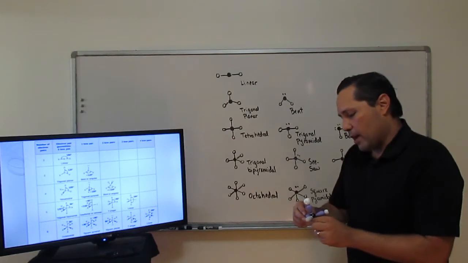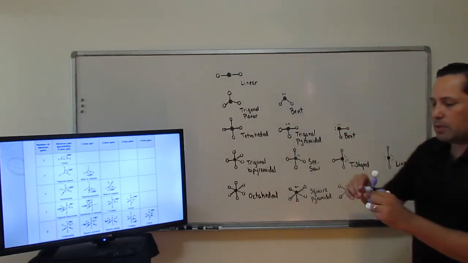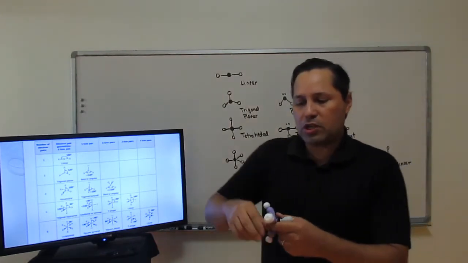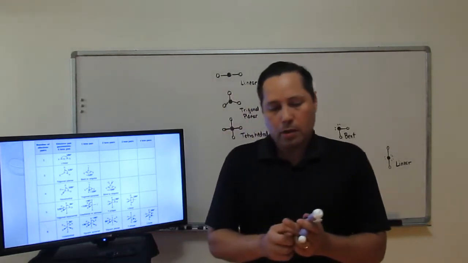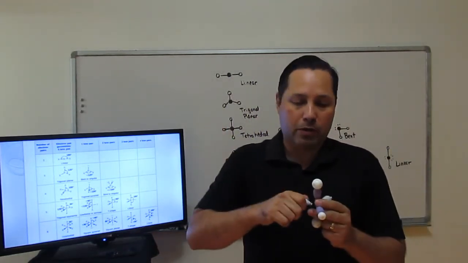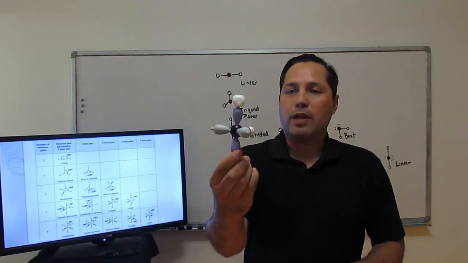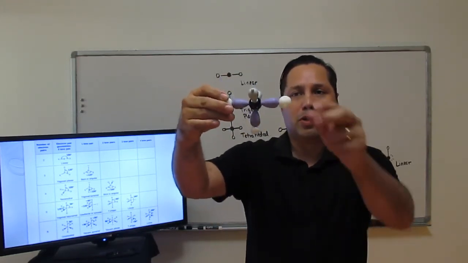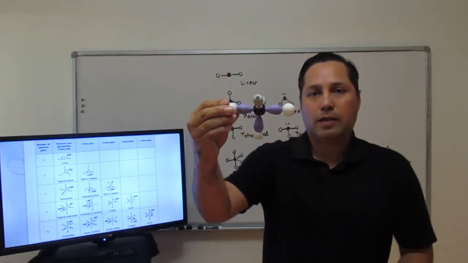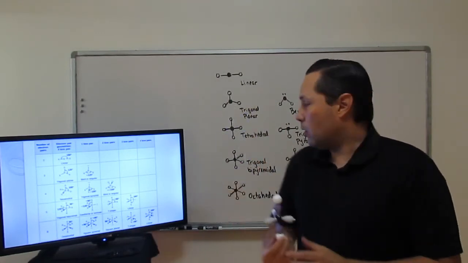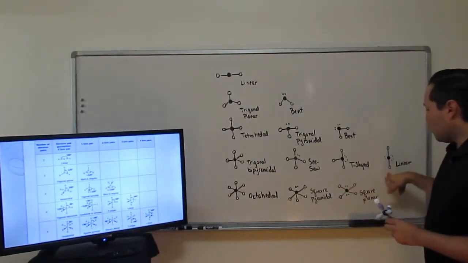The next one after that is going to be T-shaped. For T-shape, I'm going to replace another one of the shared with an unshared pair of electrons. So here we have it. It will look like this, and if you use your imagination, you can see there's the T right there. So it's called T-shaped. And the last one is linear.